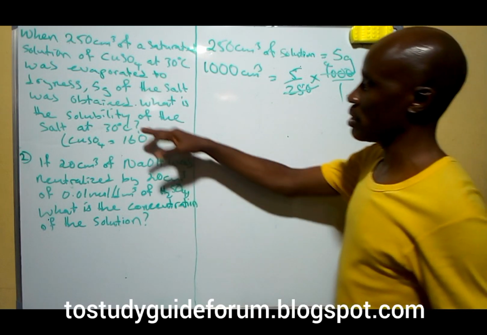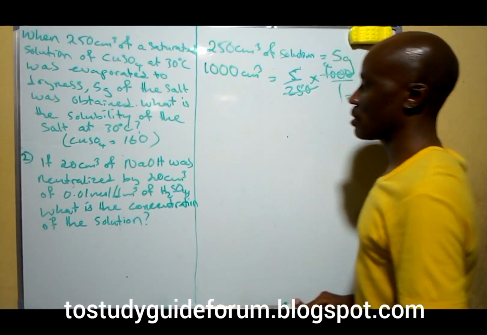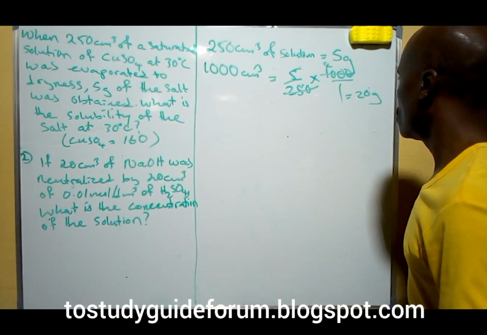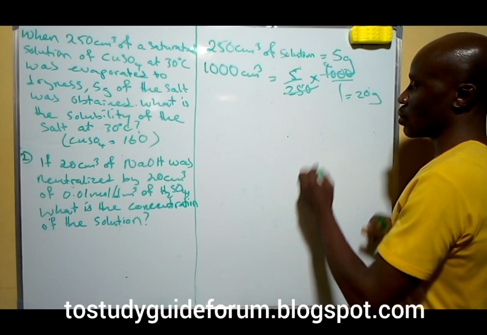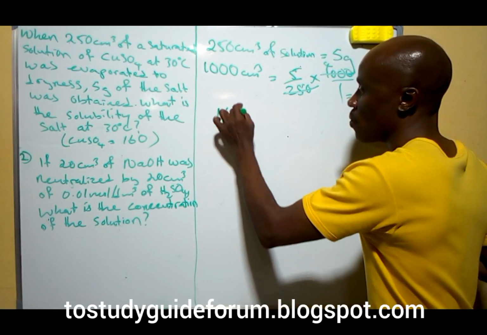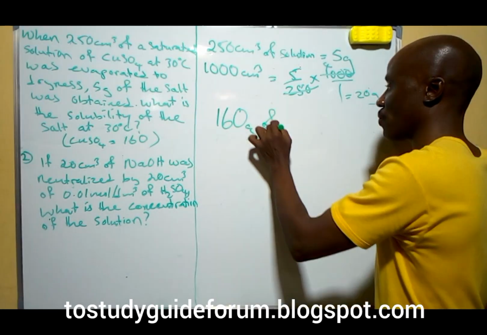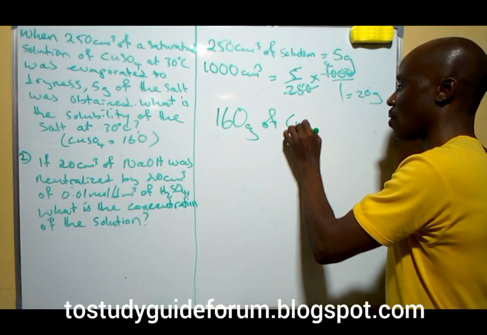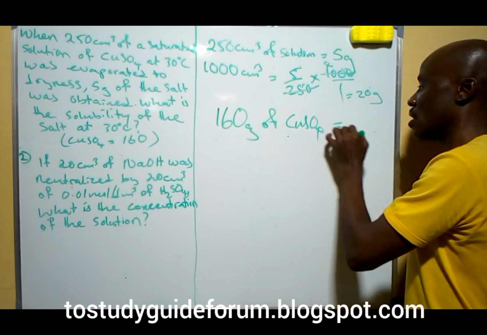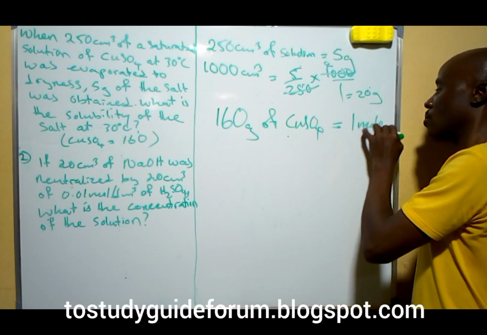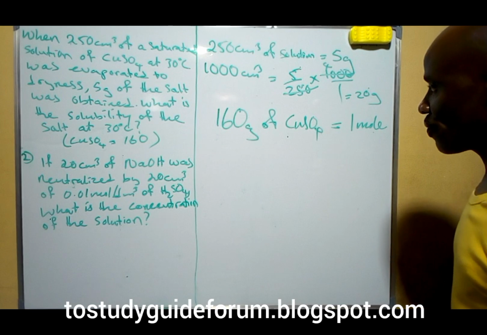Now we're looking for the solubility of this salt at 30 degrees Celsius. We know that 160 grams of copper sulfate is equal to 1 mole of copper sulfate.